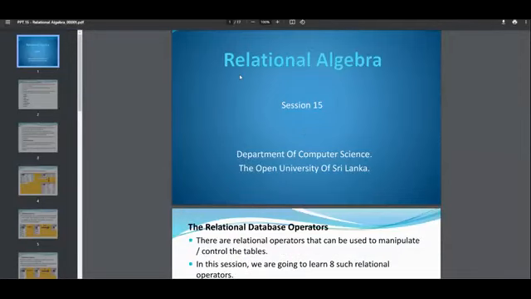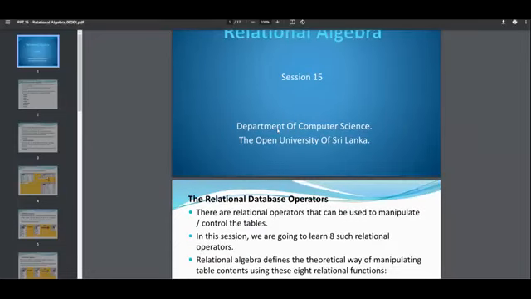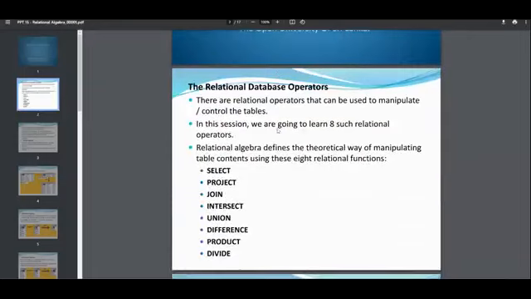Okay, this is not a complex section. This is a conditions or math related section. Relational database operators are these things: select, project, join, intersect, union, difference, product, divide, some of them. Relational operators that can be used to manipulate these things.